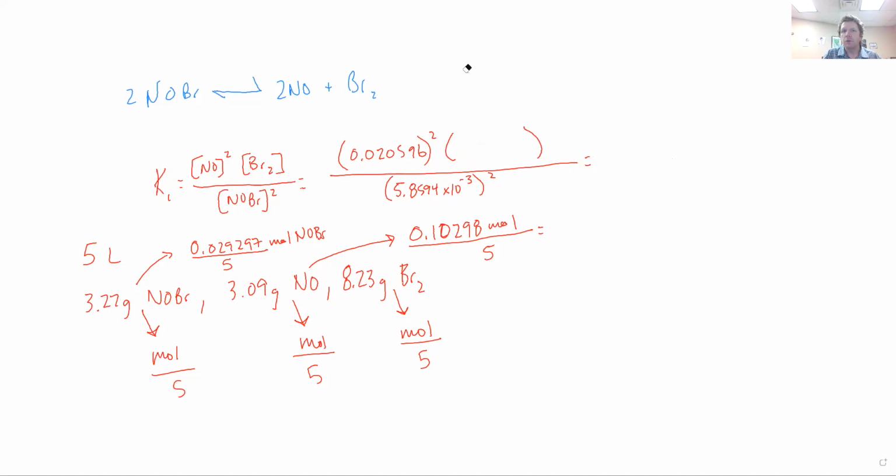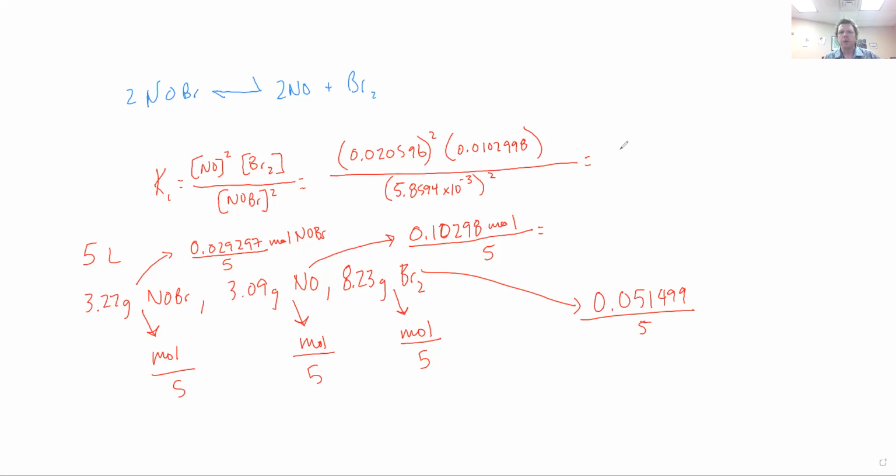That was my number of moles. So this was 0.051499, and I'm going to divide by 5. 0.051499 divided by 5 gives me 0.0102998. That's my molarity.